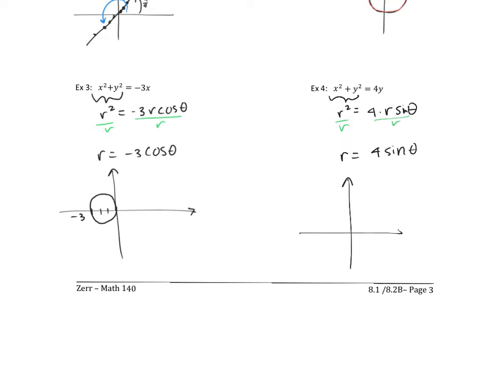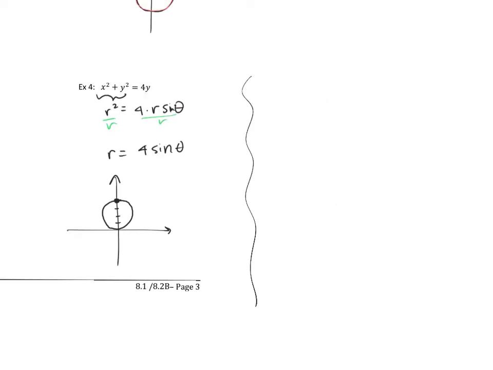And from what I know about polar graphing, and again, if you don't know this yet, you can always make an r theta table for yourself and plug in some points, or pull out Desmos and just check it on the graphing calculator. But this one, it'll extend along the vertical axis because it's sine, and it ends there at a positive 4. So it has a diameter of 4.